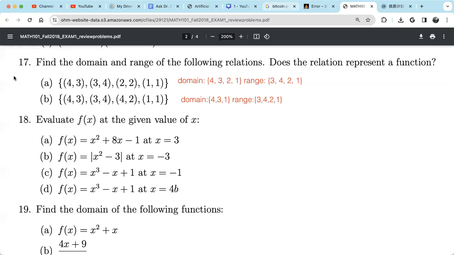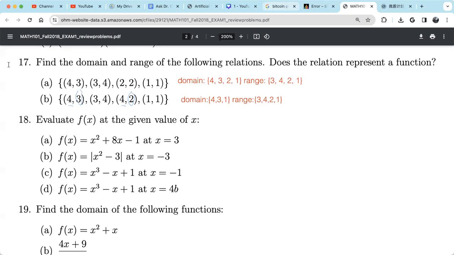No, this is not a function, right? We have the first member 4 repeated, but the second members are different. If those second members are the same, that's okay. We can have the same ordered pairs. But 3 and 2 are different, so B does not represent a function.